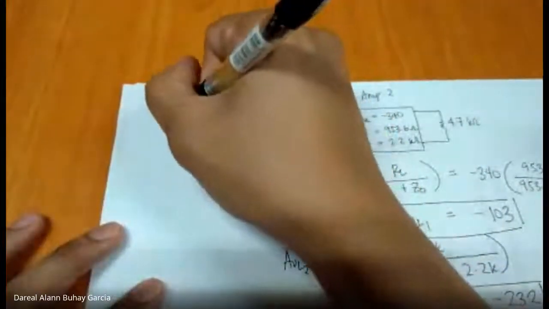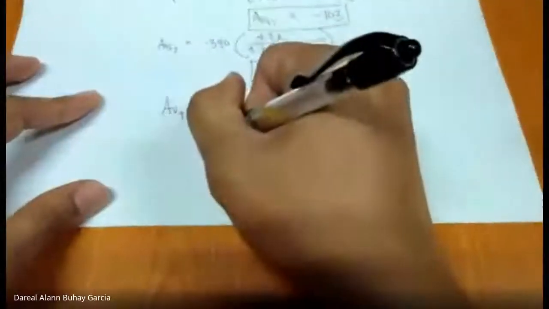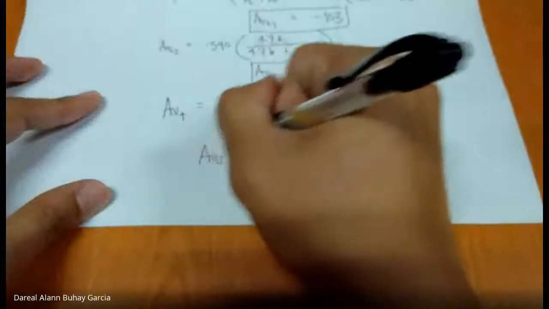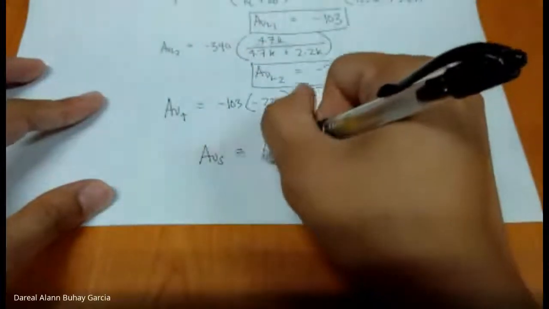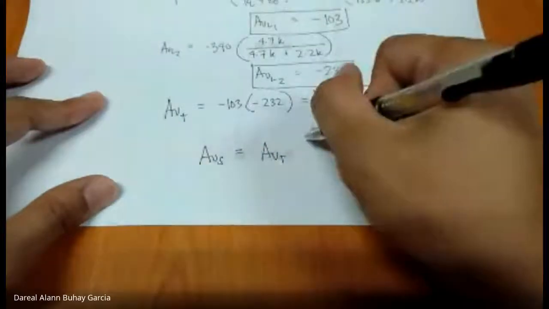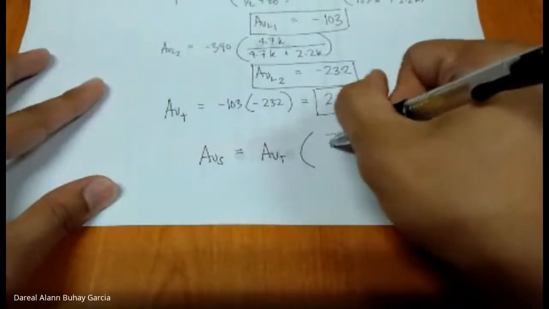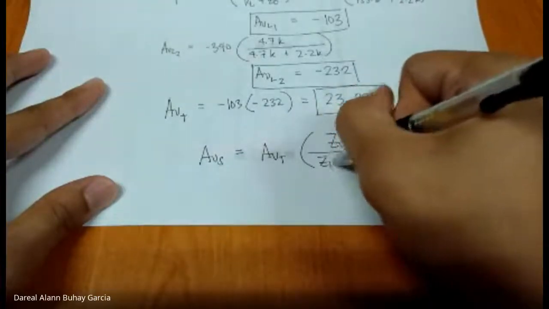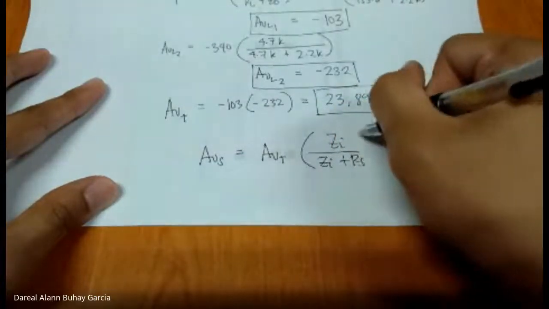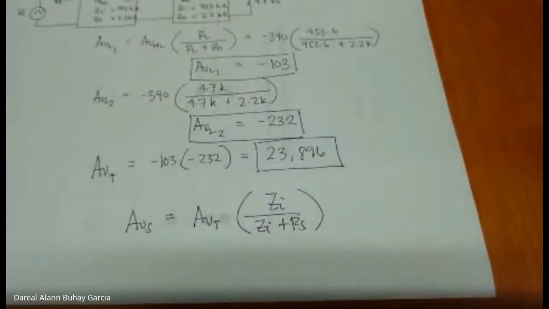Now, if ever natay kuan given RS o VS para makuha ang voltage gain with respect to the source, i-multiply na nato ang AVT total with ZI over ZI plus RS. Formula naman ang daan. Okay?